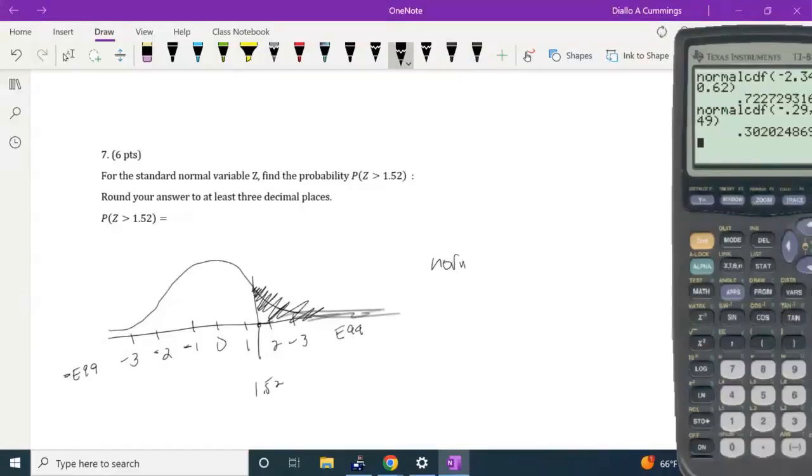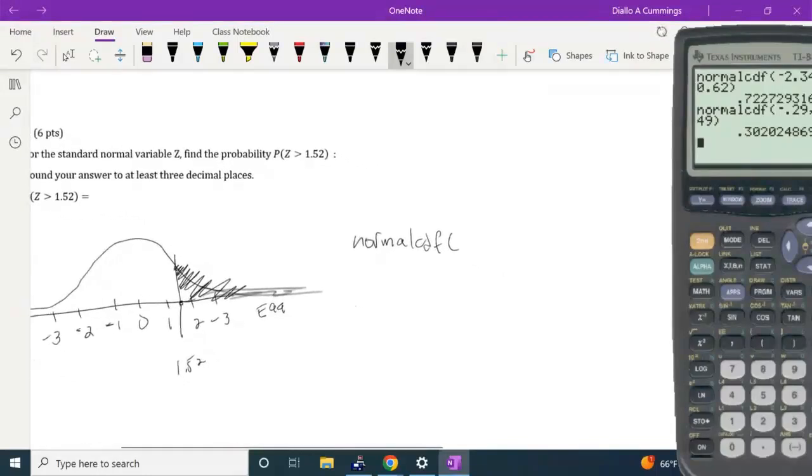So we're going to put this in the calculator using a normal CDF function. We're going to put in a lower limit, which is 1.52. We're going to put in the upper limit, which is positive infinity, expressed as e to the 99th power.